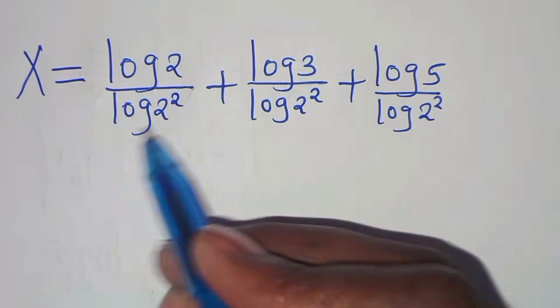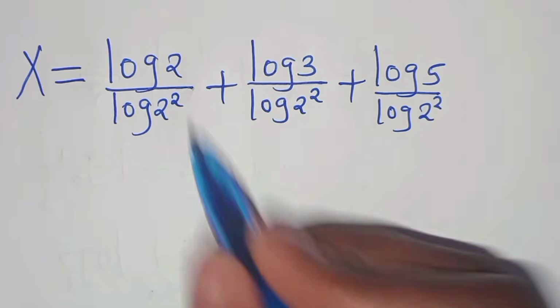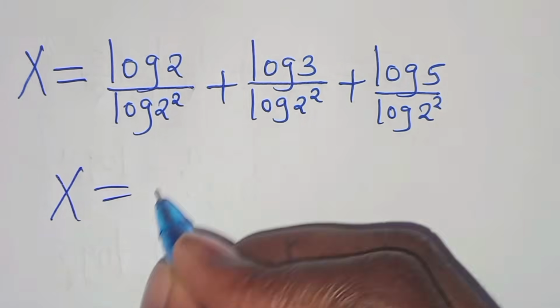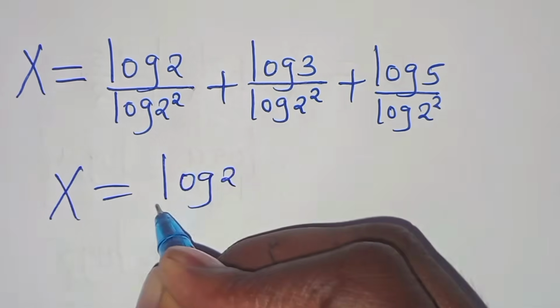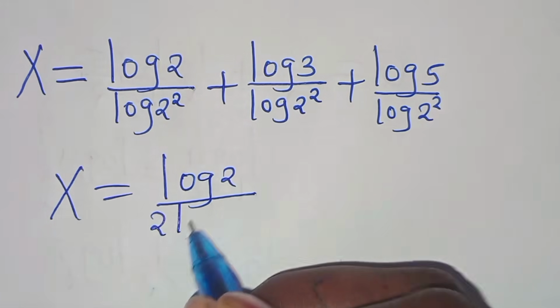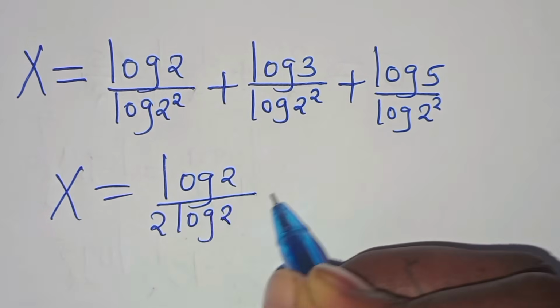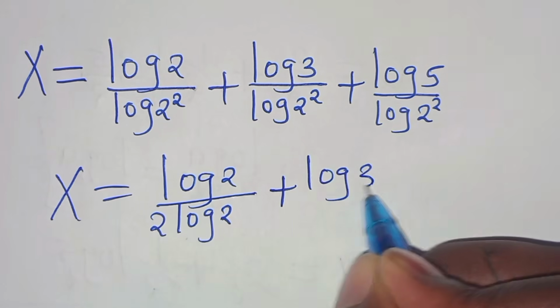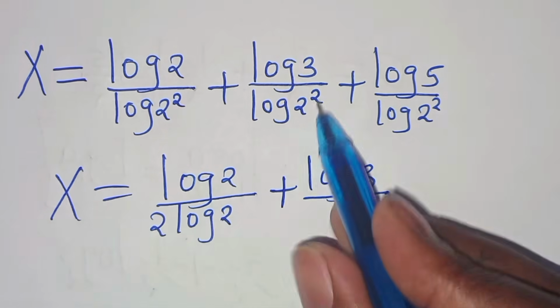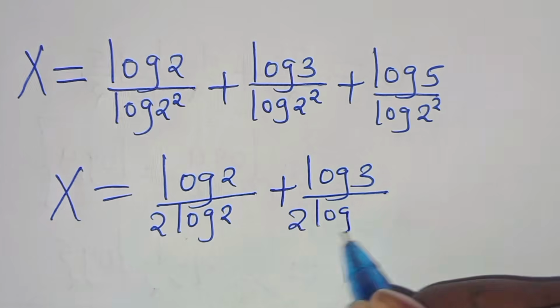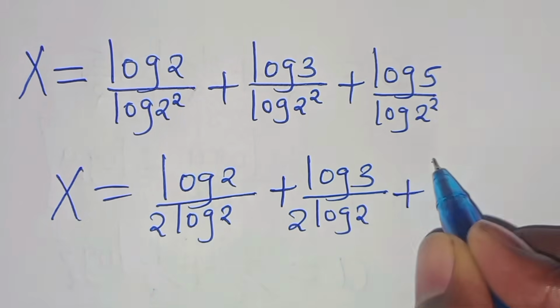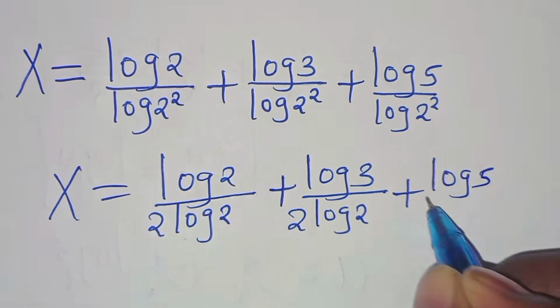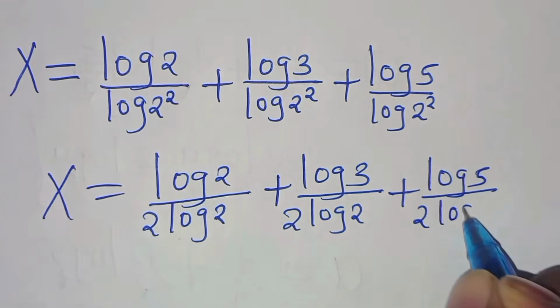So we have x equal to log 2 divided by 2 log 2, plus log 3 divided by 2 log 2, plus log 5 divided by 2 log 2.